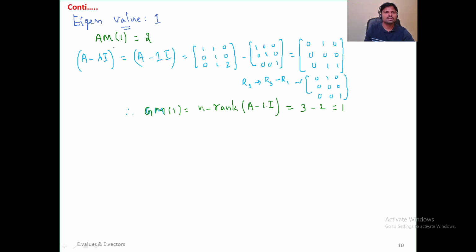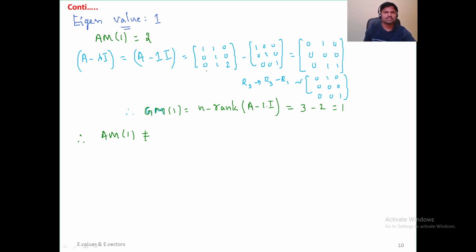Look here, the algebraic multiplicity of 1 is 2, but the geometric multiplicity of the same eigenvalue is 1, not equal. So the algebraic multiplicity of the eigenvalue 1 is not equivalent to it.